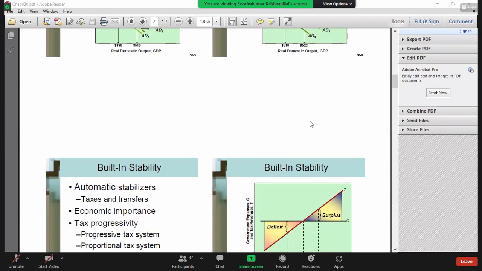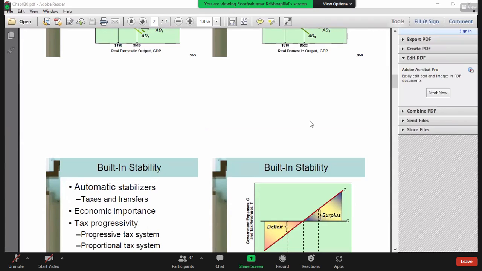Wealthy people pay more than low income people. So when real income increases, then a higher tax rate is applied. So with progressive tax, when the real GDP increases, tax revenue increases.